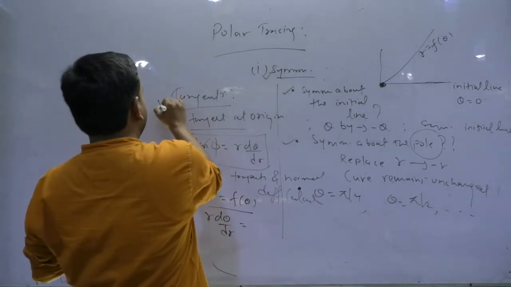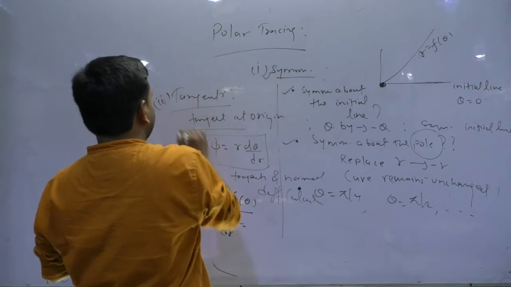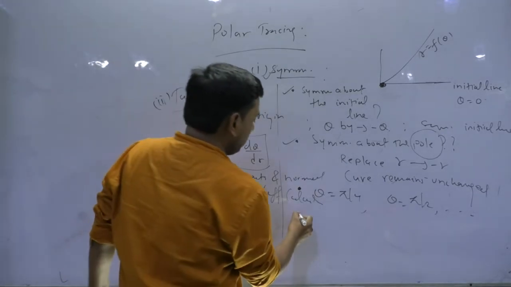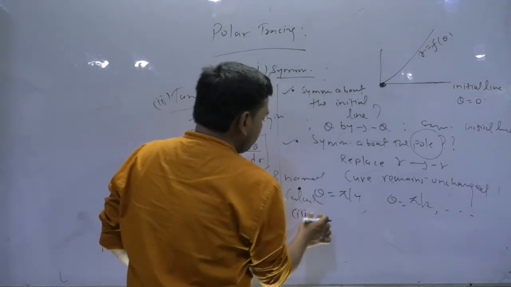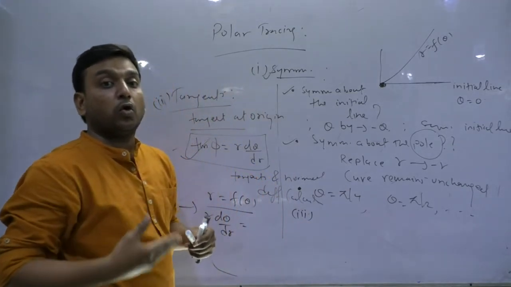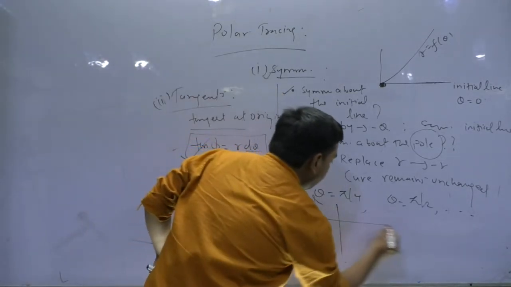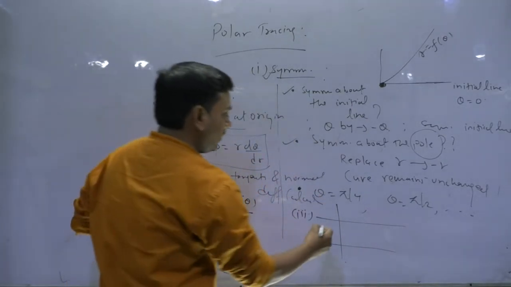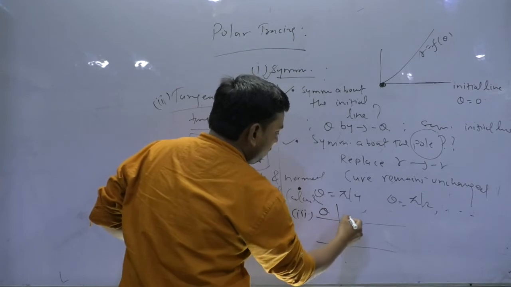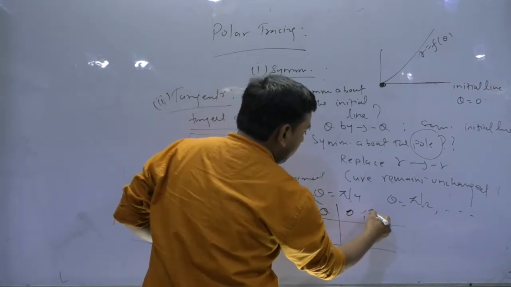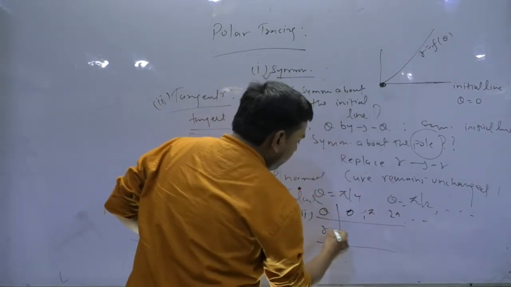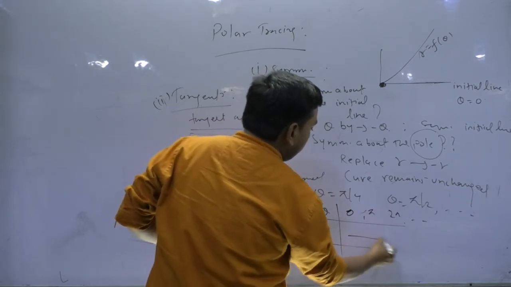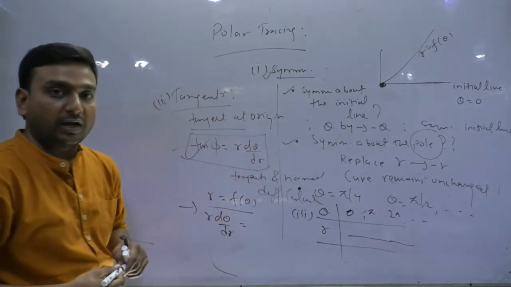Fine. As for asymptotes, we need not discuss that here. The only point required is the general coordinates. So we draw a table here. The same pattern we follow for parametric also. Here I have taken theta values, let's say 0, pi, 2 pi and so on, and we try to get the values of r.